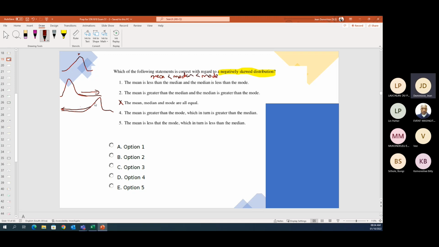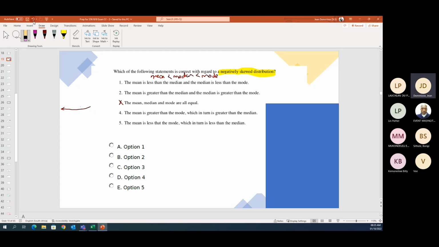Okay, so if we look at only this one, because this is the negative, the mean is the one that is the average. Because there's that long tail there, it will be interesting where the average sits.